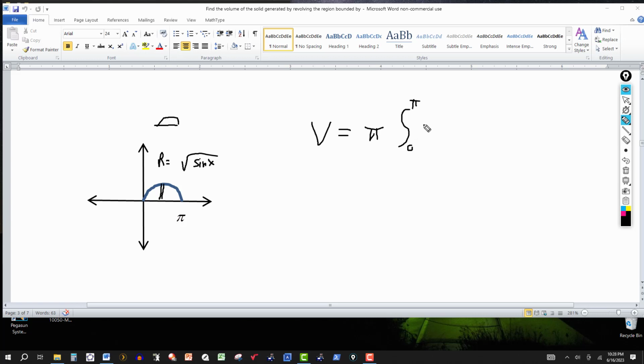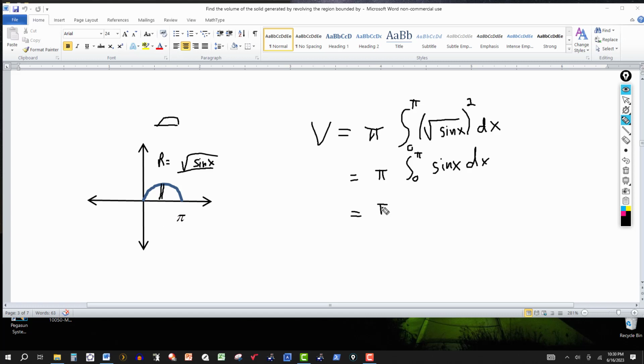And then it's capital R squared, well, that's this right here, the square root of sine of x. No lowercase r here; otherwise, we'd have a subtraction for that. But in this case, this is just going to be dx, and this is squared. This is equal to pi, integral again from 0 to pi, radical sine of x squared, which is just sine of x. And then we just integrate.